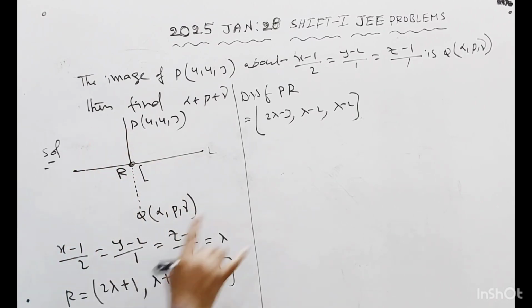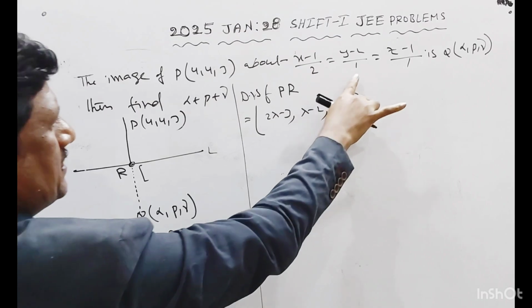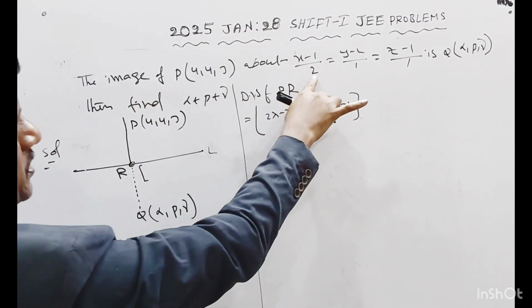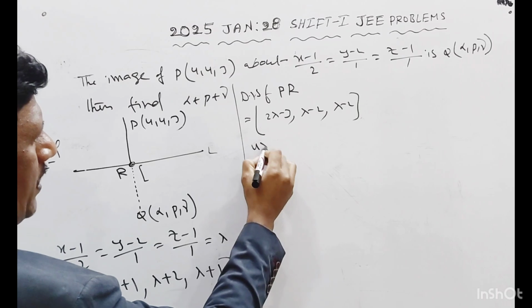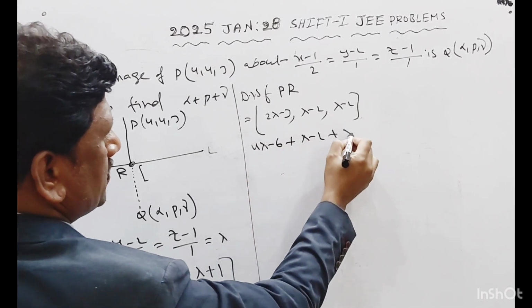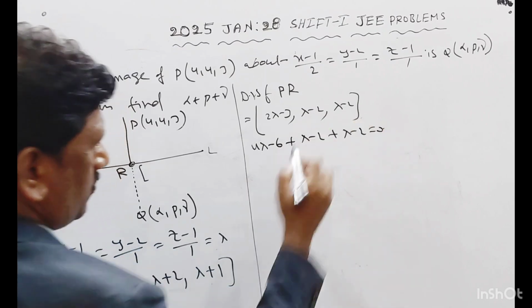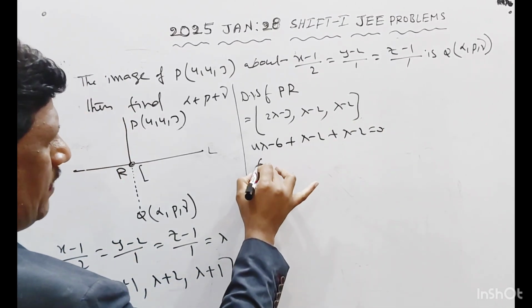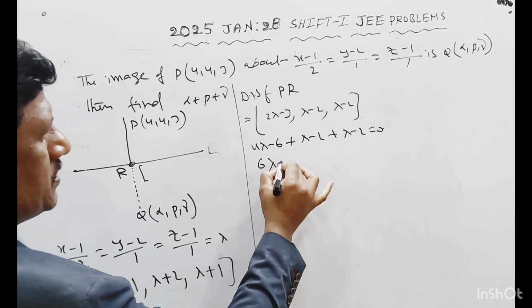Then use the condition, this into this plus this into this plus this into this is equal to 0. So this into this, that means 4 lambda minus 6 plus lambda minus 2 plus lambda minus 2 is equal to 0. So you will get 6 lambda is equal to 10.